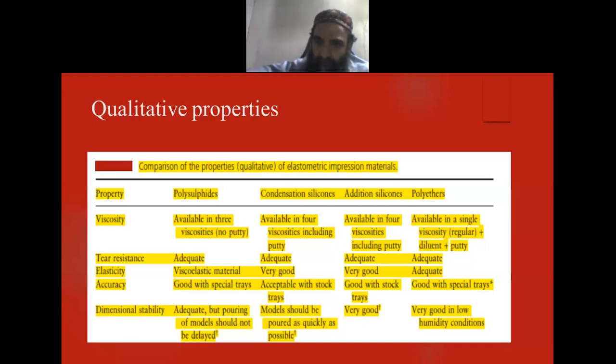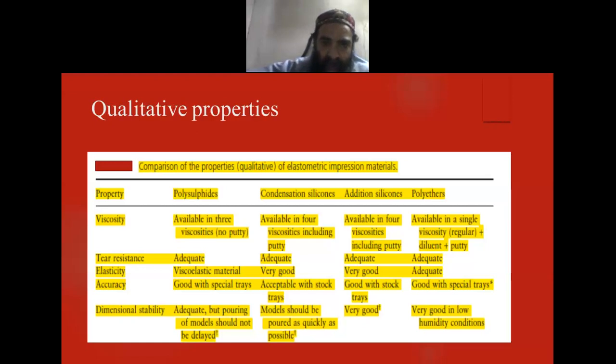Addition silicones are available in 4 viscosities, including putty. Polyethers are available in a single viscosity, regular plus diluent plus putty. Then tear resistance for polysulfide is adequate. For condensation silicone, addition silicone, and polyether, it is adequate for all the 4 materials.